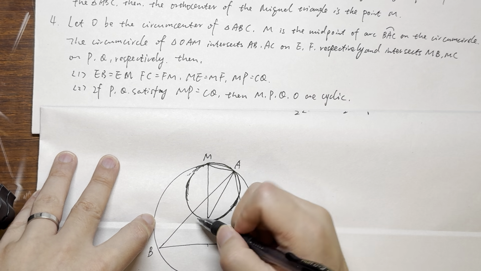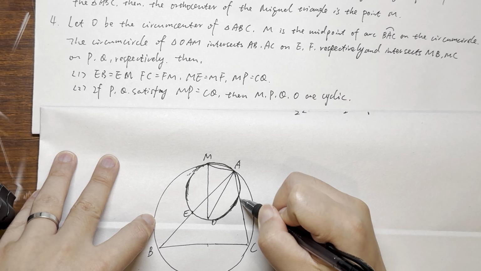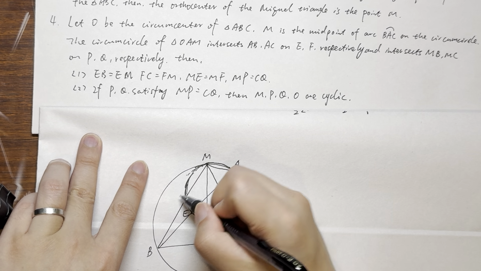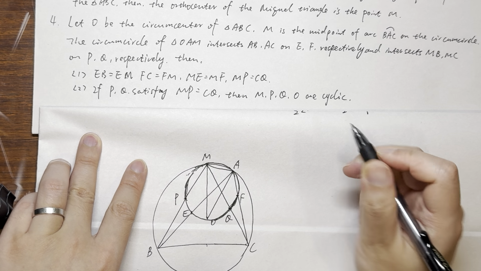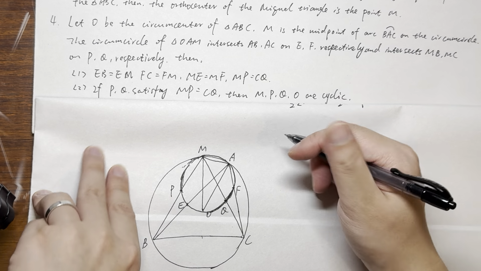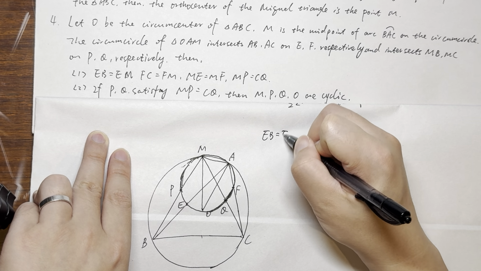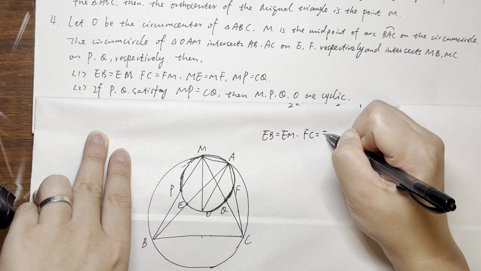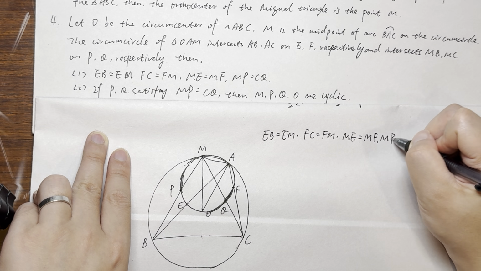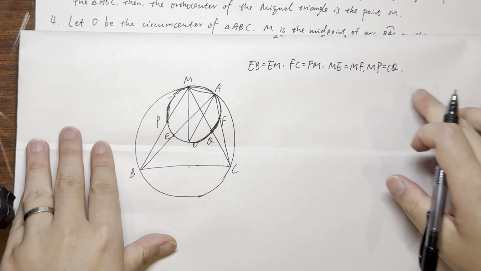It intersects AB and AC at E and F respectively. So this is E, this is F. It also intersects MB and MC at P and Q. So this is MB, and this is MC, at point P and point Q. Then we want to prove that EB equals EM, FC equals FM, ME equals MF, and MP equals CQ.